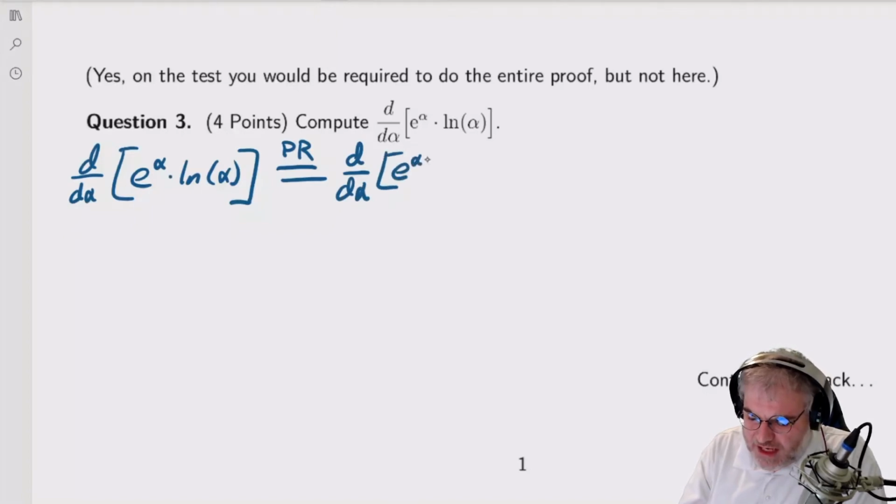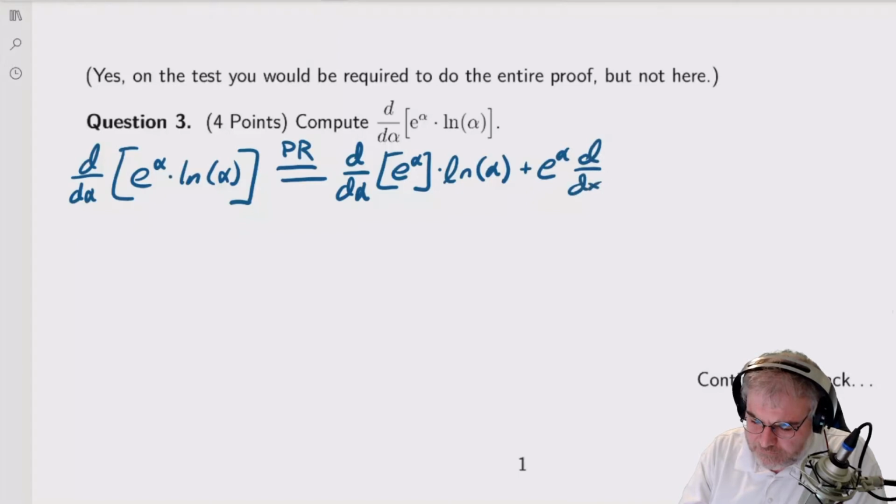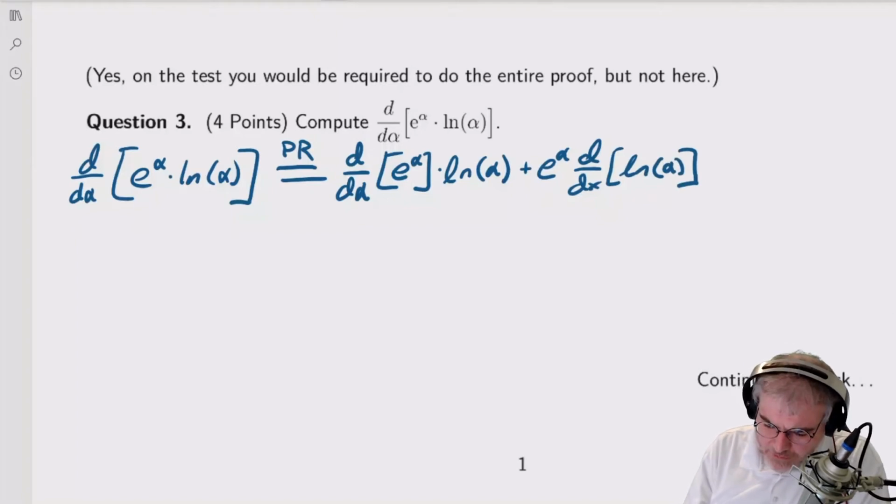So this is e to the alpha, the derivative of the first times the second, plus the first times the derivative of the second. All right. Now I do this.